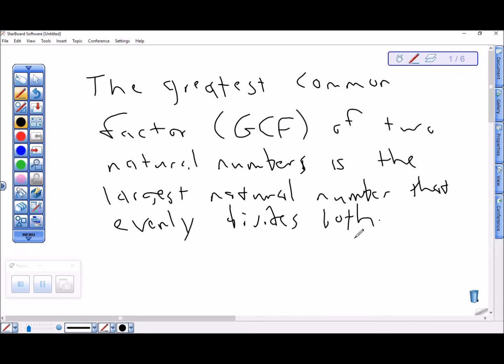Okay, the greatest common factor, or GCF, of two natural numbers is the largest natural number that evenly divides both.